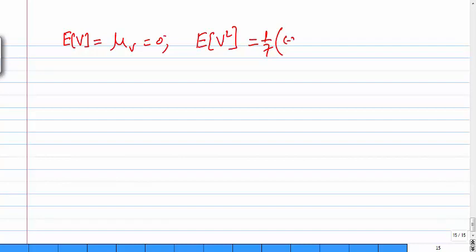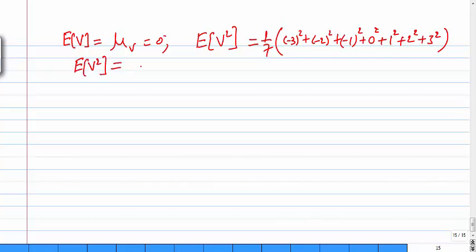Now we have minus 3 whole square plus minus 2 whole square plus minus 1 whole square plus 0 square plus 1 square plus 2 square plus 3 square. So expected value of v square becomes 4 volts square.